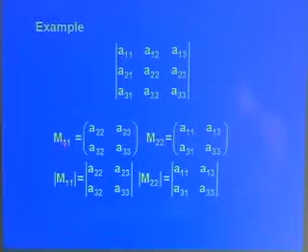Now M11 and M22 are submatrices. M11 is the determinant of this, while M22 is the determinant of this submatrix A11, A13, A31 and A33.